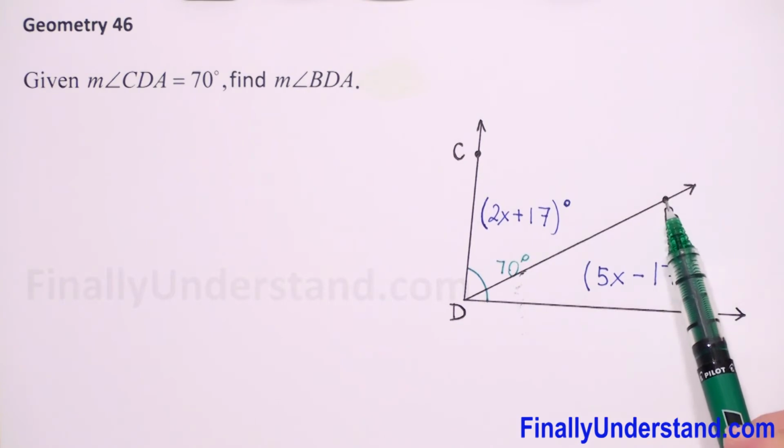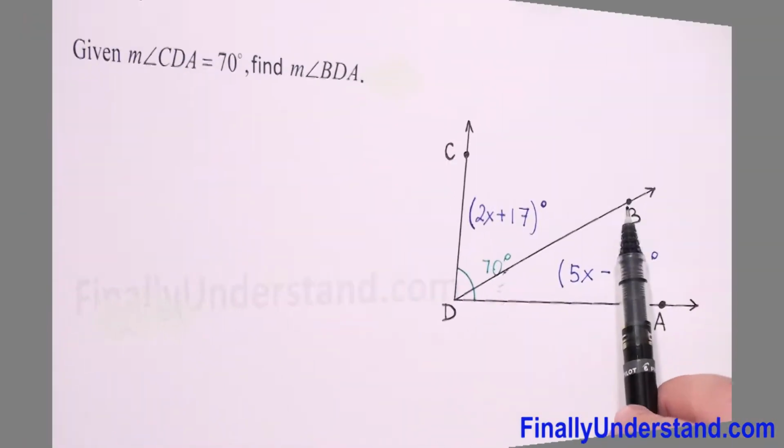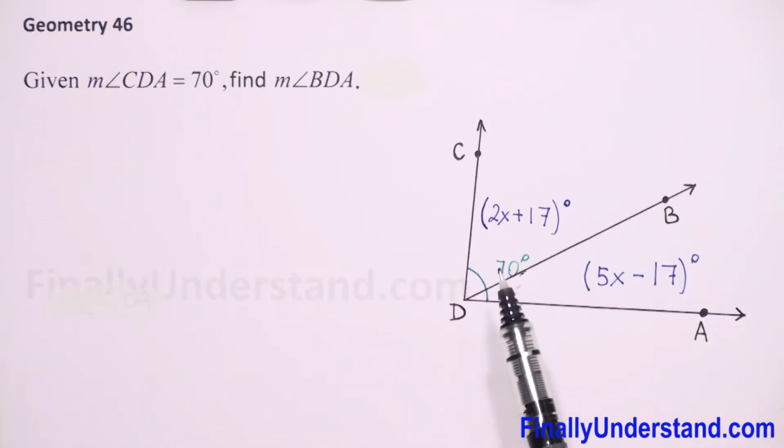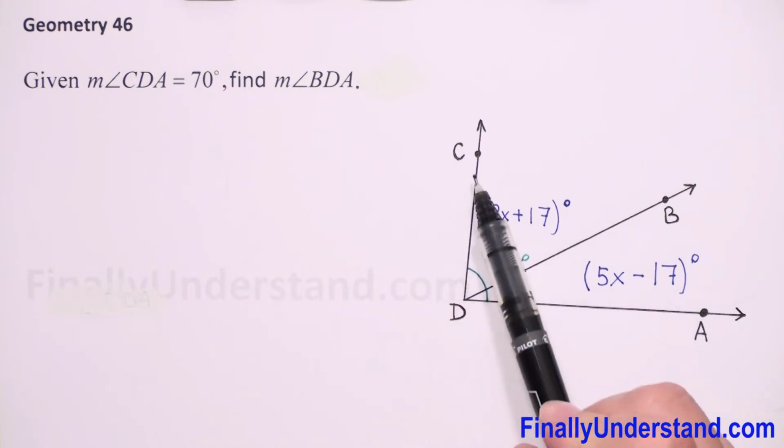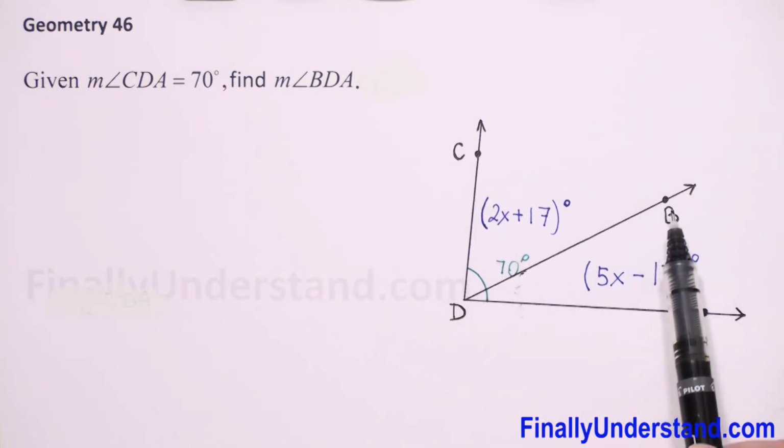Because B is an interior point, it means it is between points that lie on each side of the angle. We can write that the measure of angle CDA is the sum of two angles, CDB and BDA.